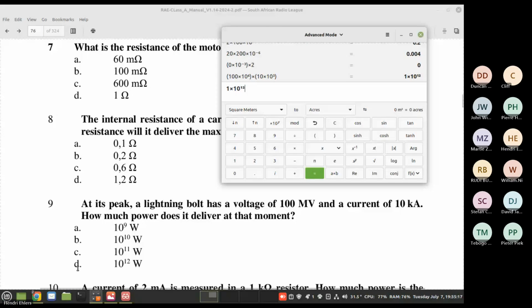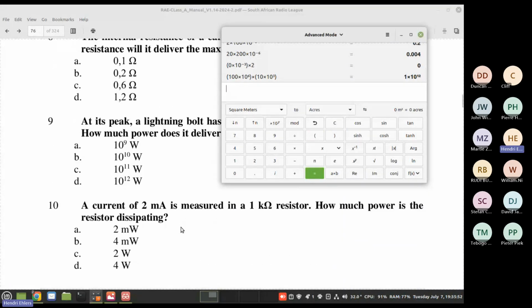We said D. It just doesn't have the significant digit 1. If we move it, then that's going to be 10 to the 11. No, because 1 times 10 to the 12 is still 10 to the 12. Sometimes it's good to challenge the answer, and then you look at it again and realize it is indeed correct.